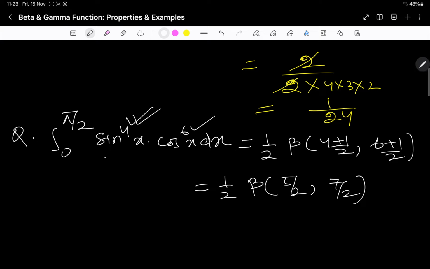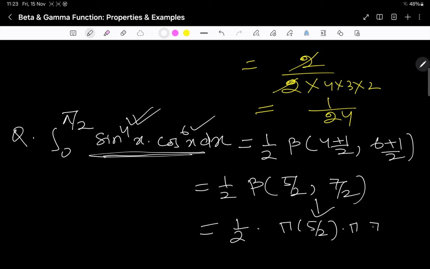If I remind you, this integral is quite lengthy by the previous method you read in your 12th class. So now you apply the relation between beta and gamma. So half is there. This is gamma of m into gamma of n divided by gamma of m plus n. 7 plus 5, 12 by 2 is 6.